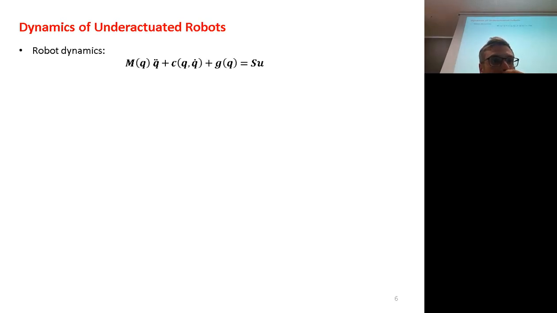So if we want to see the dynamics of an underactuated robot, we have nothing else than a term S, which is a selection matrix, appearing here.